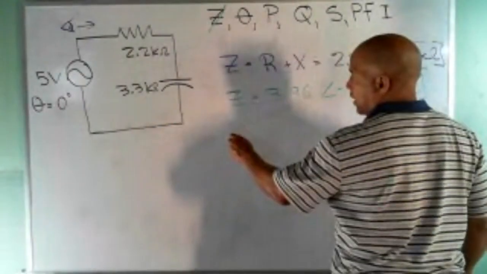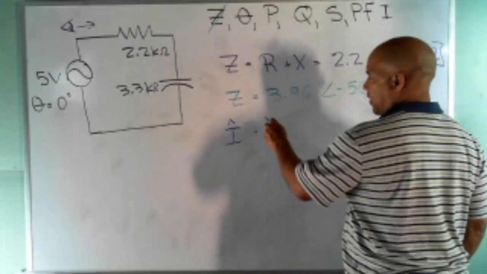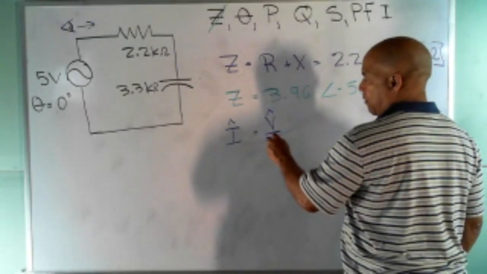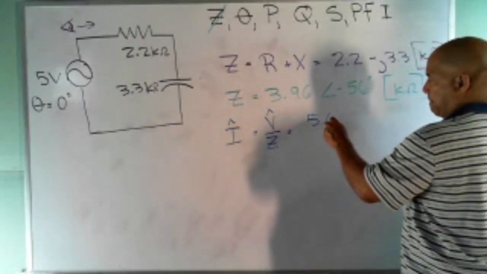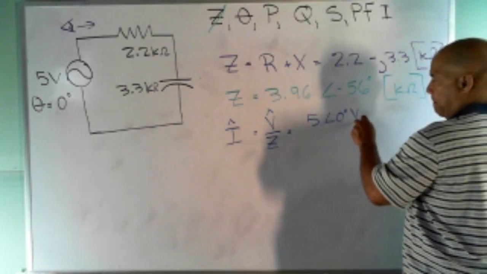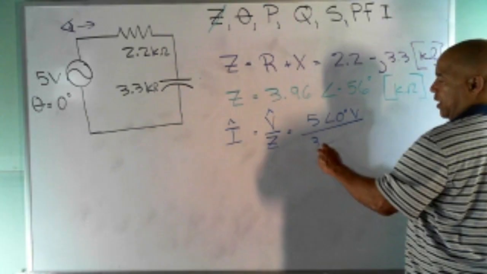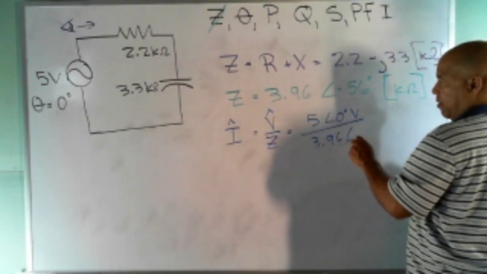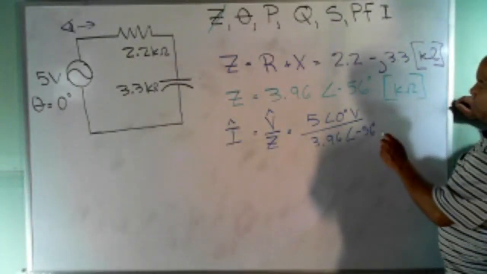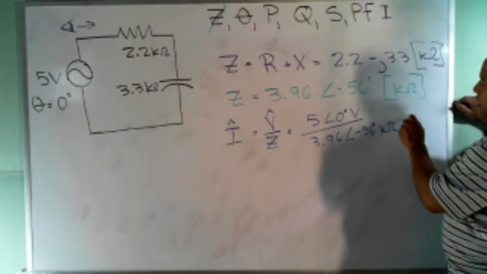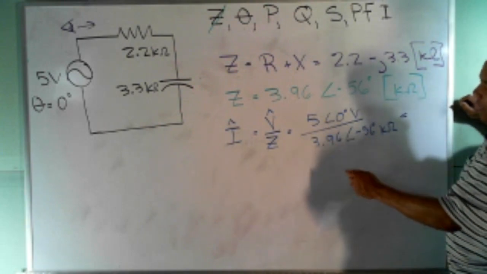So my current now is a phasor. So it's going to be my voltage phasor over impedance, 5 angle 0, over 3.96 angle minus 56 degrees. Now this is kilo ohms. That means my current is going to be in milliamps. So what's 5 divided by 3.96?